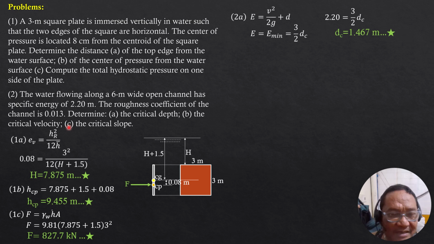Letter B, the critical velocity V sub c is the square root of g times d sub c. That's for a rectangular channel only. For a non-rectangular channel, or in general, this critical depth is replaced by the hydraulic depth, which is the ratio of the cross-sectional area divided by the top width.